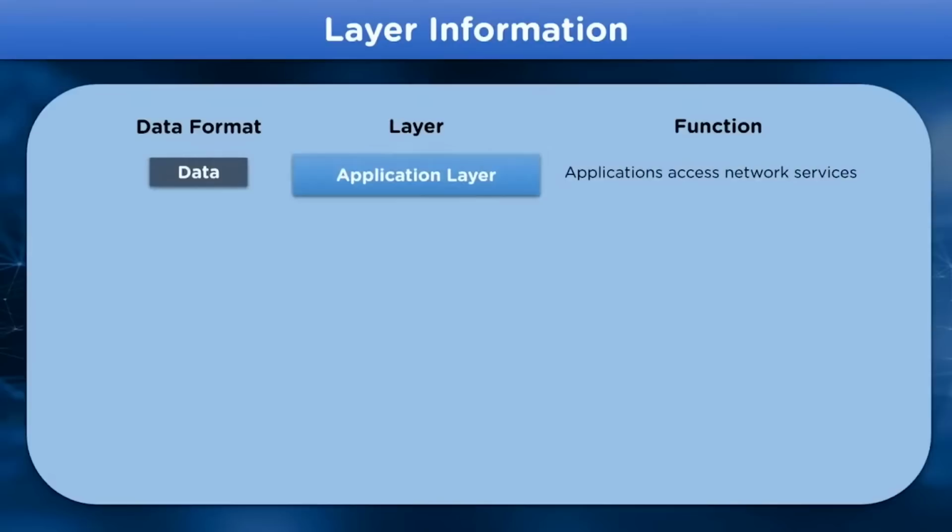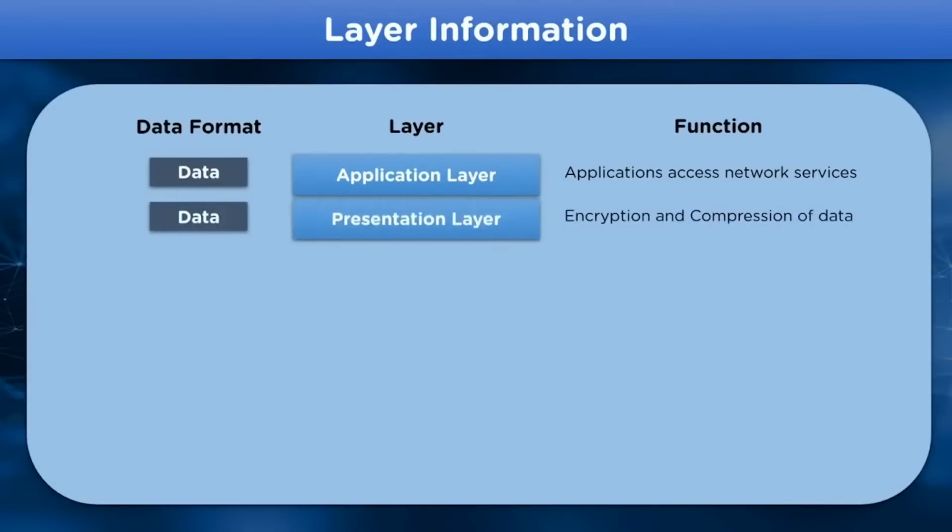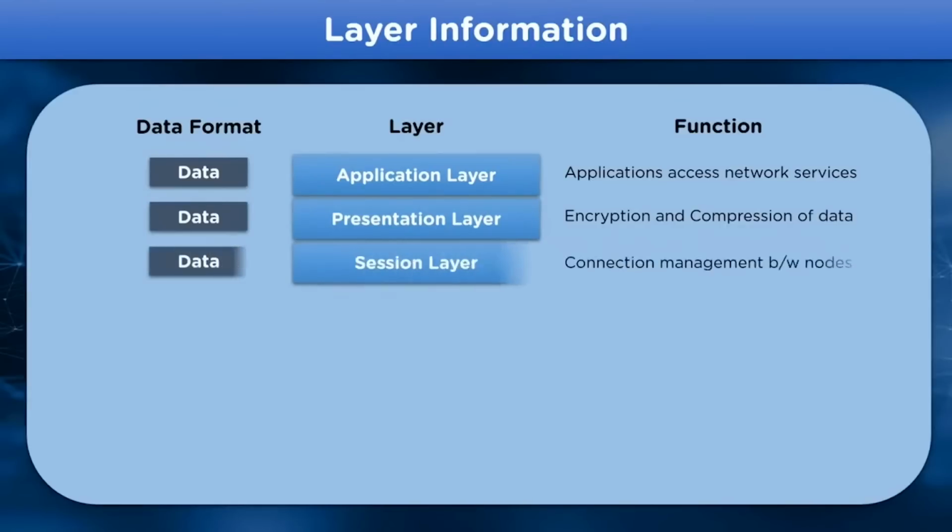The first layer is the application layer, which acts as a gateway for the host data and network applications and handles the data format. Then we have the presentation layer, which handles the initial step towards the conversion of data for transfer. It also handles the data format.